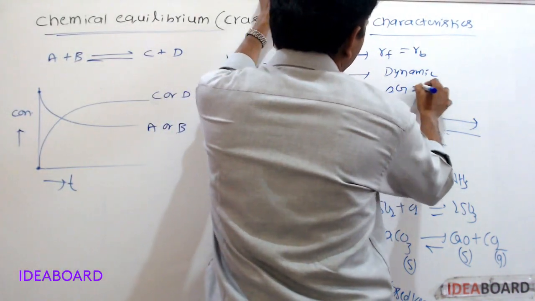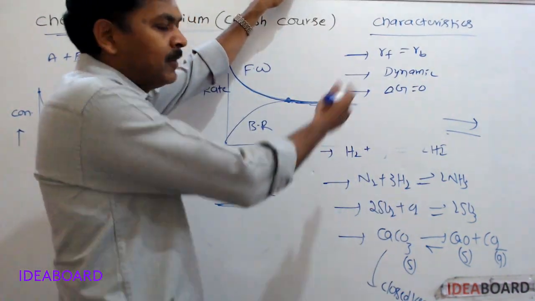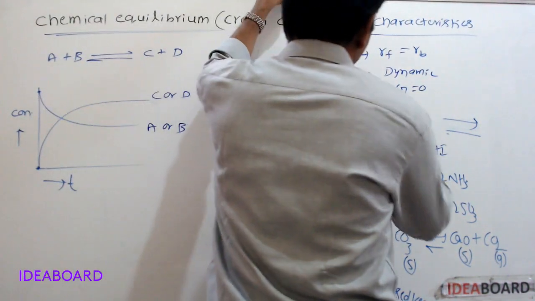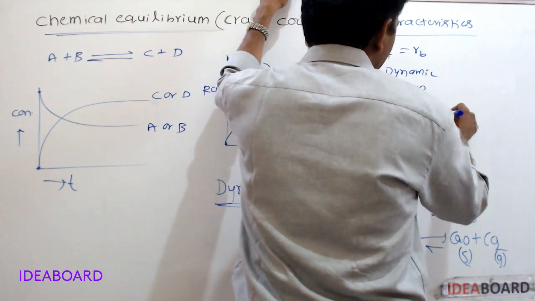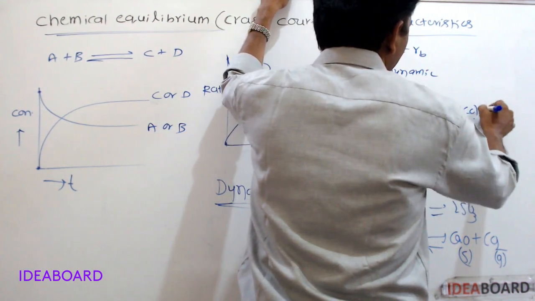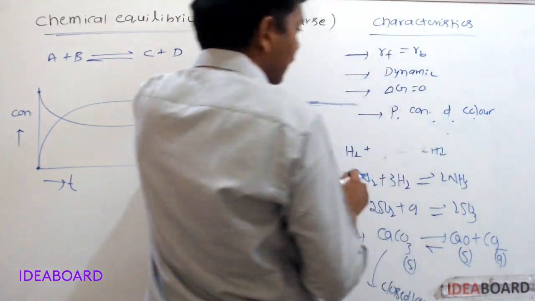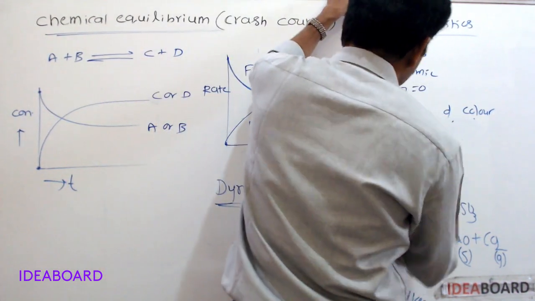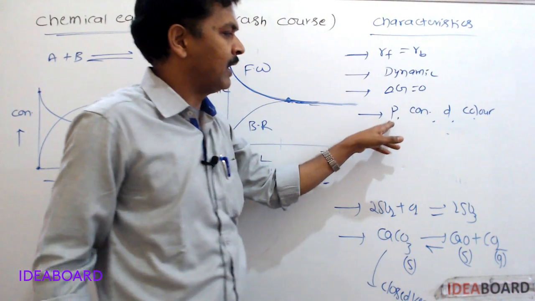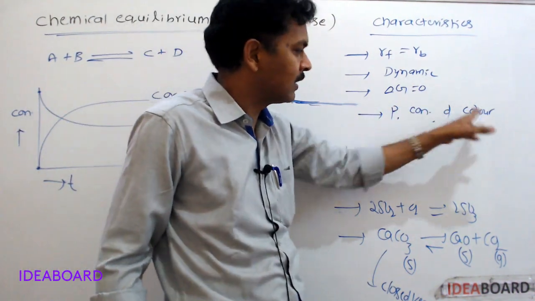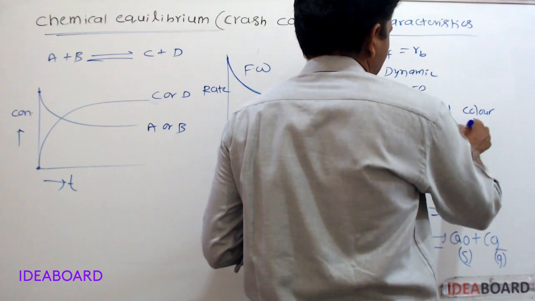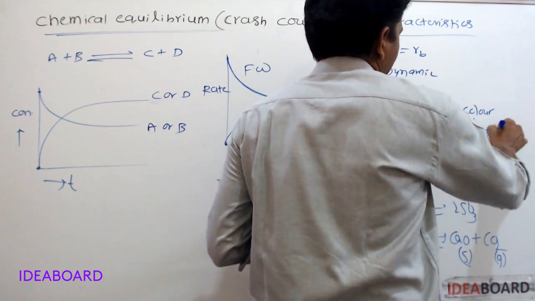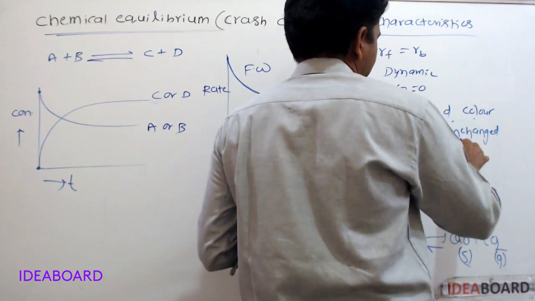Delta G is equal to 0, that is, Gibbs free energy is 0. Properties like pressure, concentration, density, and color remain unchanged with time.